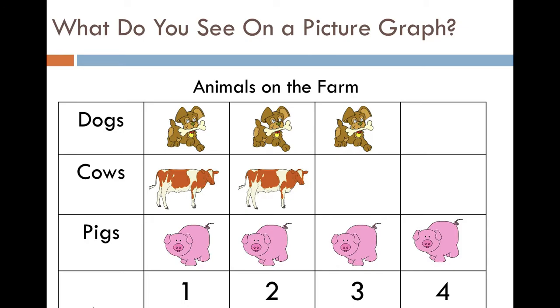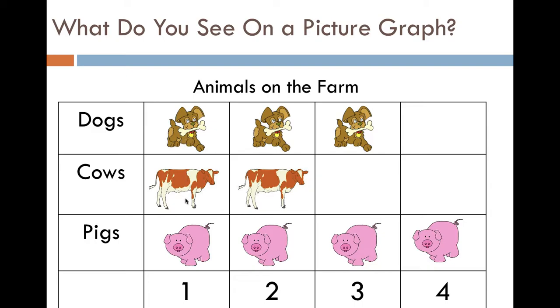So here is a picture graph. We have a title that says Animals on the Farm. We have the names of the types of animals: dogs, cows, pigs, and we have numbers here: 1, 2, 3, and 4. Next to each name of the animal, there are pictures.